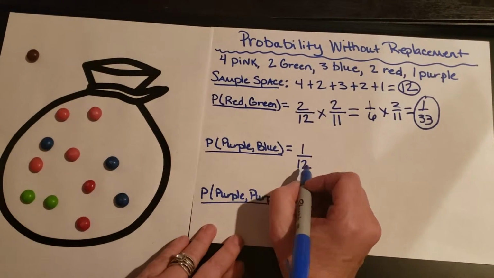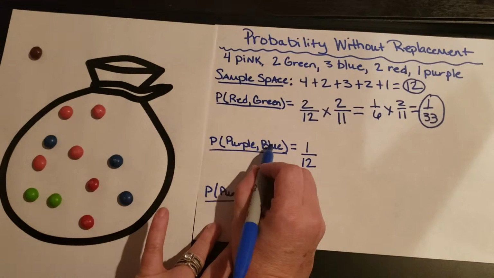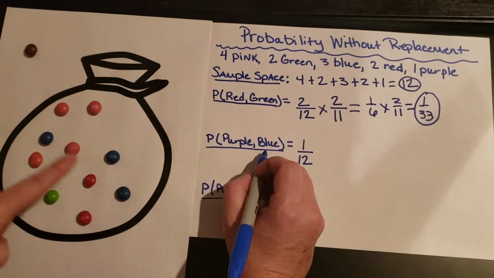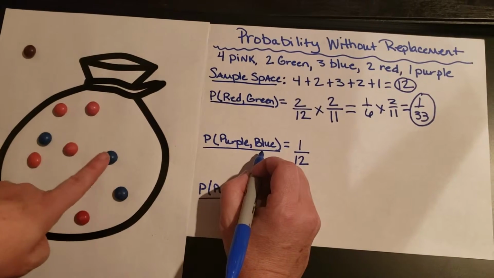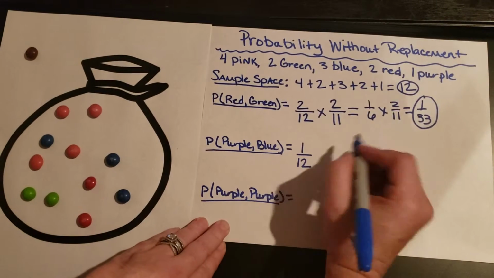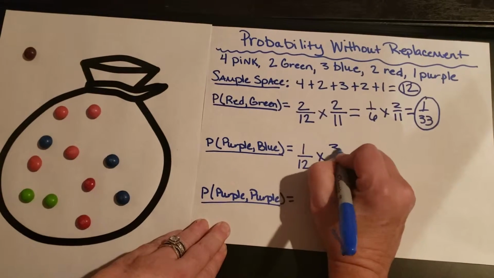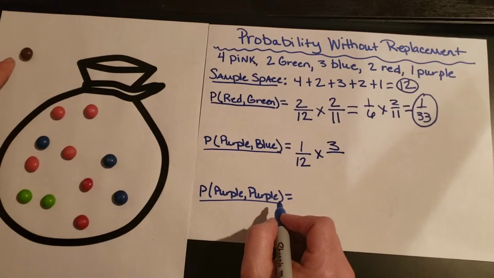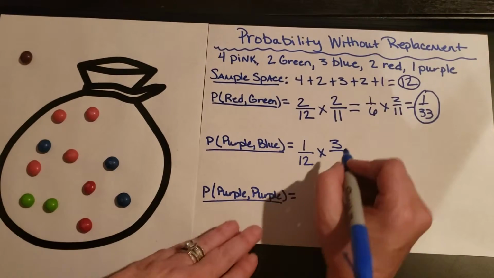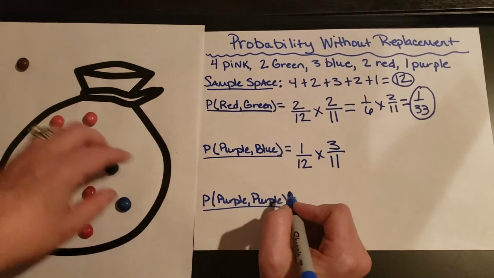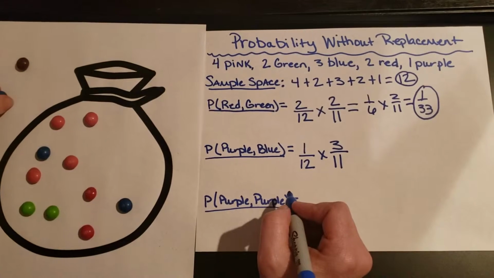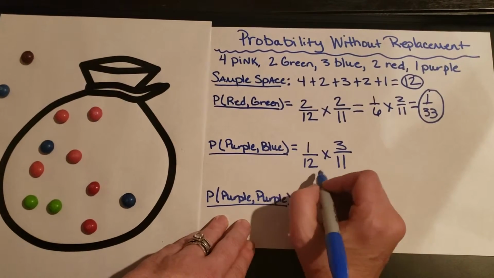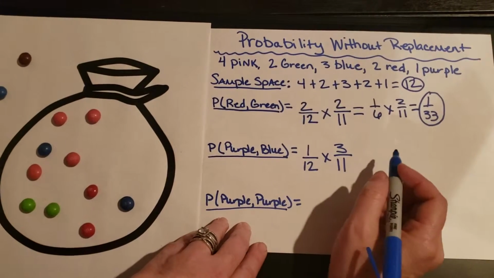Now we're going to do the probability of blue. We count how many blue. We got 3 blue, so we're going to put 3 here. Now we no longer have 12 in the bag since we took the purple out. We have 11, so we're going to put 11 here. Now in order to find this, we just multiply together like I showed you previously.